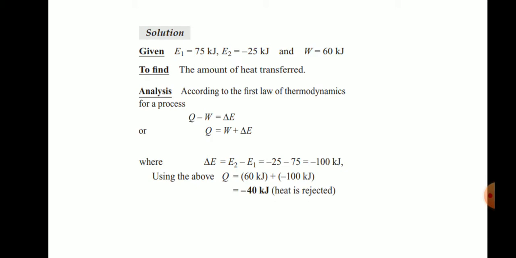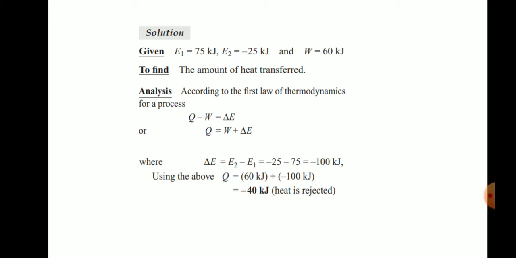For example, for any dx or dy, dx is equal to x2 minus x1, not x1 minus x2, and dy means y2 minus y1, not y1 minus y2. Similarly, delta E is equal to E2 minus E1. Then substituting the values, we get minus 25 minus 75, which equals minus 100 kilojoules. Substituting the values, we get Q equal to minus 40 kilojoules. The minus sign shows the heat is rejected from the system.